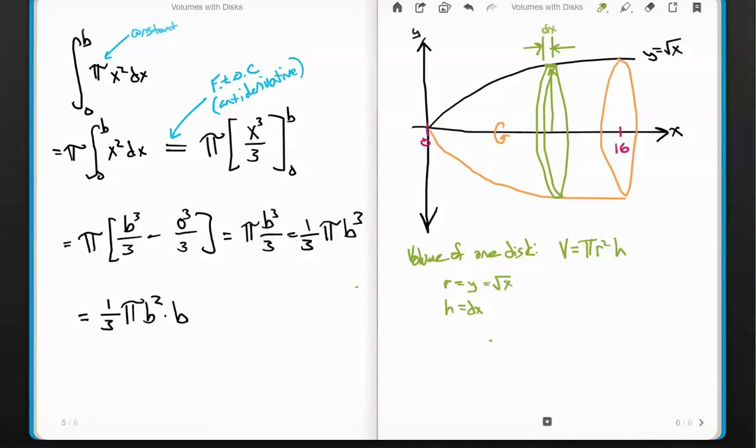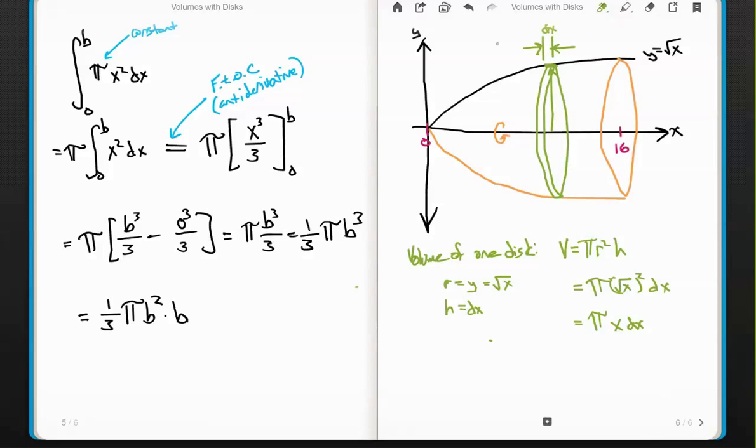And so one of my disks is pi r squared h, so that becomes pi times the square root of x squared times dx, which equals, oh, that's convenient. I didn't really mean to do that, but that works out nicely. Pi times square root of x squared is just x dx.